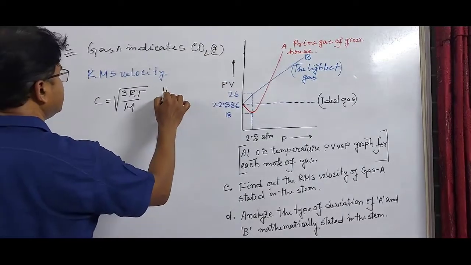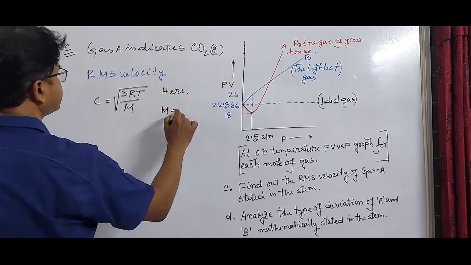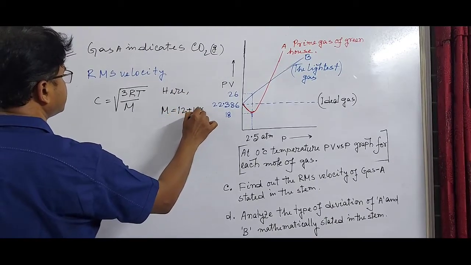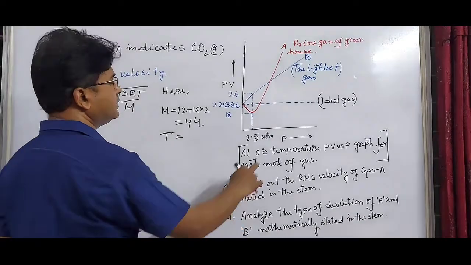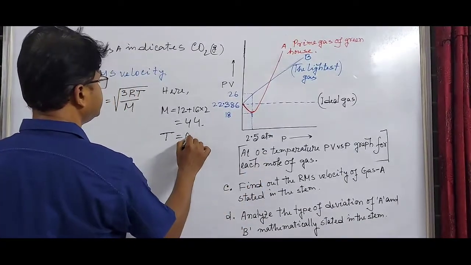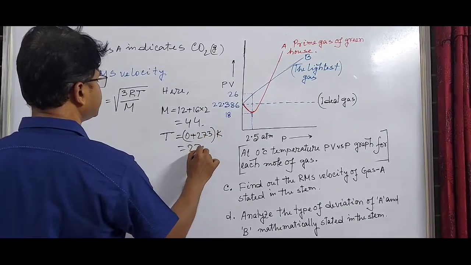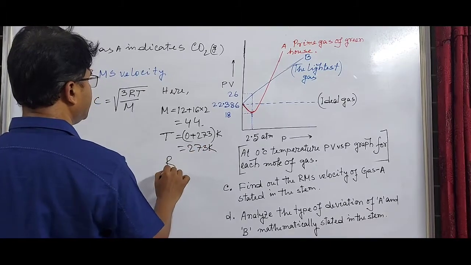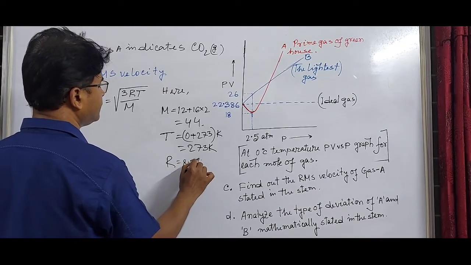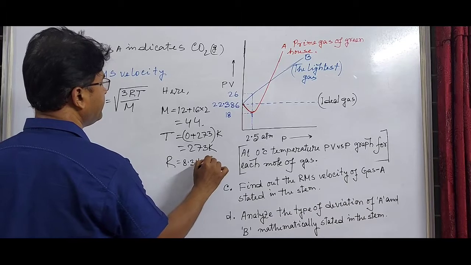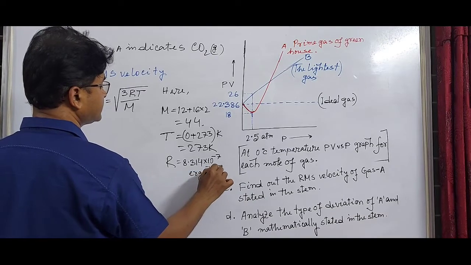So here M is equal to the atomic mass of carbon 12 plus 16 into 2, which is 44, and the temperature is given as 0 degree centigrade, so it will be 0 plus 273, which is 273 Kelvin, and the molar gas constant is 8.314 into 10 to the power 7 erg Kelvin inverse mole inverse.